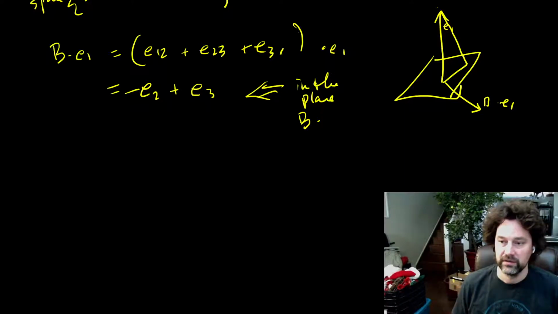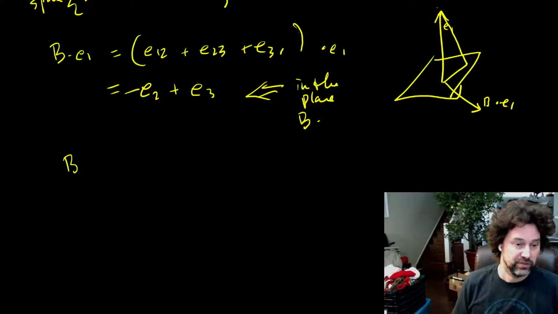That lies in the plane. If we rotate again, by multiplying it by b, we find another vector that lies in the plane. So all we have to do now is take b dot e1 and multiply again by b. Let's put it on this side.